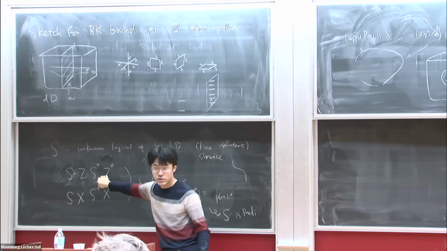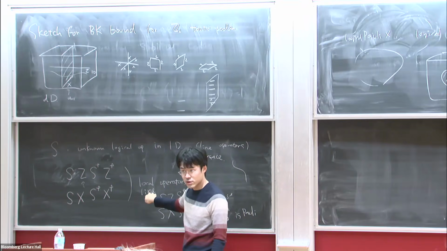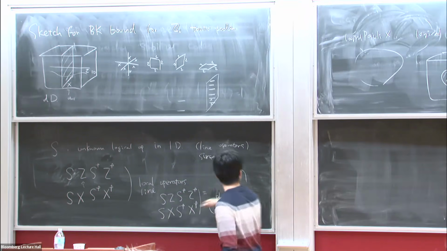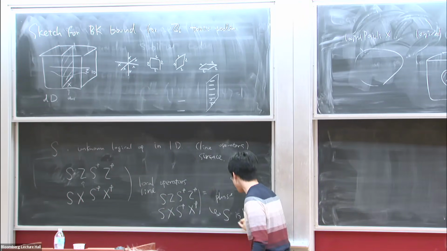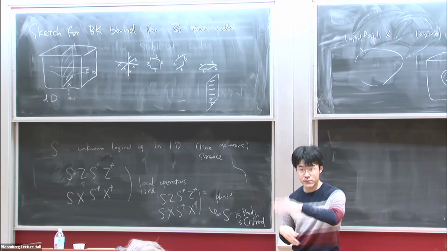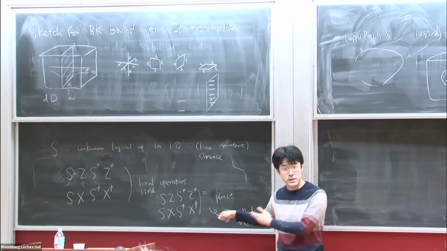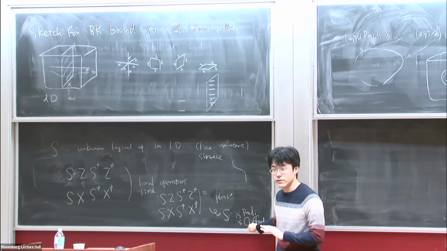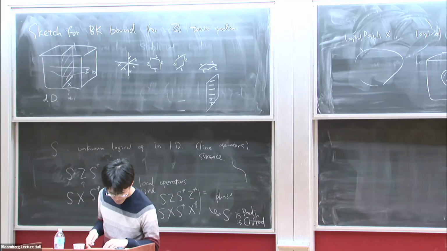This is some other logical operator, because the commutator of logical operators again defines a logical operator. So this is a logical operator which is supported on a line and it has to be Pauli. Then because of the definition of the Clifford operators, this S has to be Clifford. Based on this inductive definition of the Clifford hierarchy, if you have a d-dimensional logical operator S, it has to generate a logical gate within some Clifford hierarchy level K.